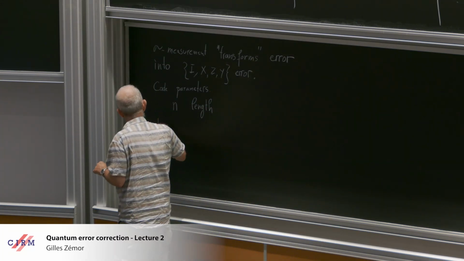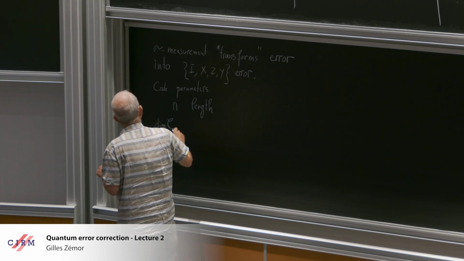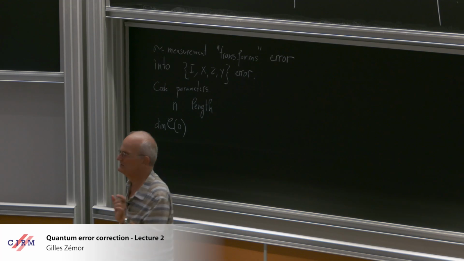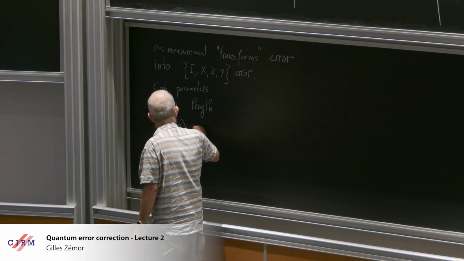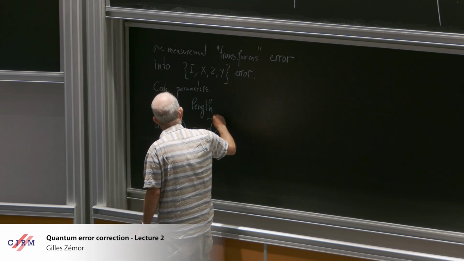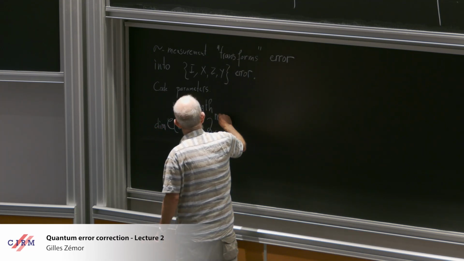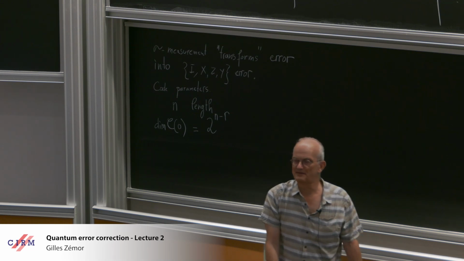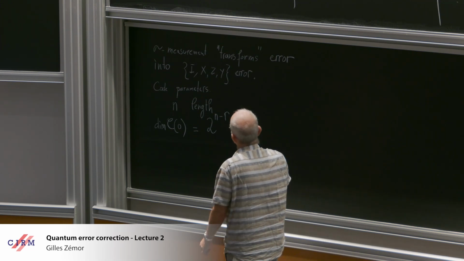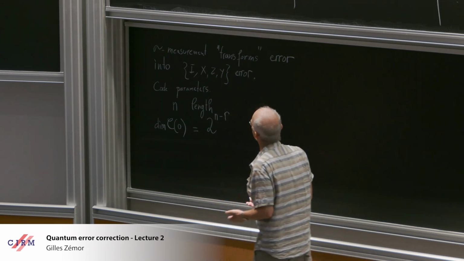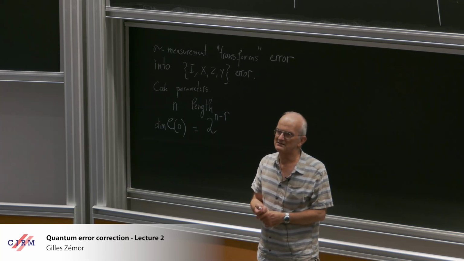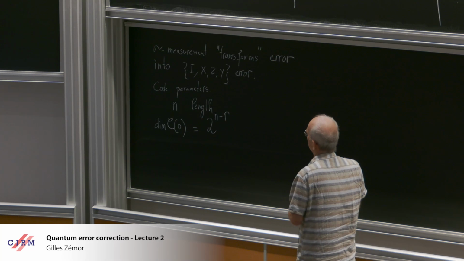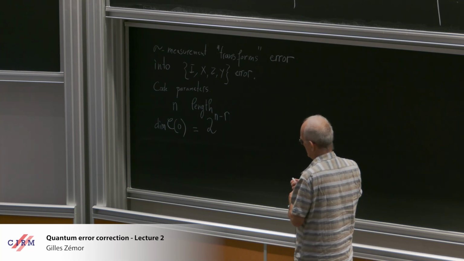What happens is that the dimension of C0, our set of encoded states, as I said before, starts at 2 to the n, and every time we add a generator, we divide the dimension of the Hilbert space by 2. Again, I'm not formally proving this for lack of time. It's not a hugely difficult thing to do.